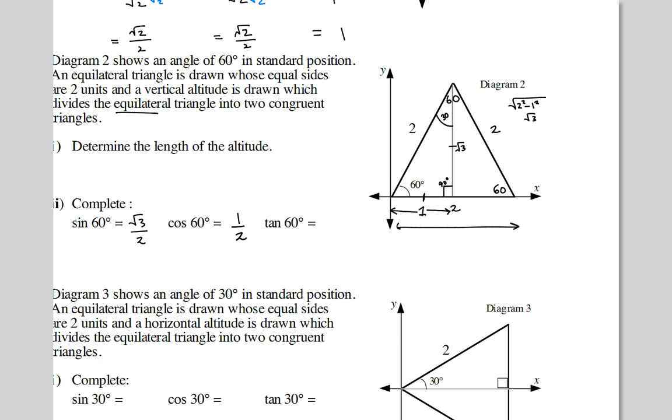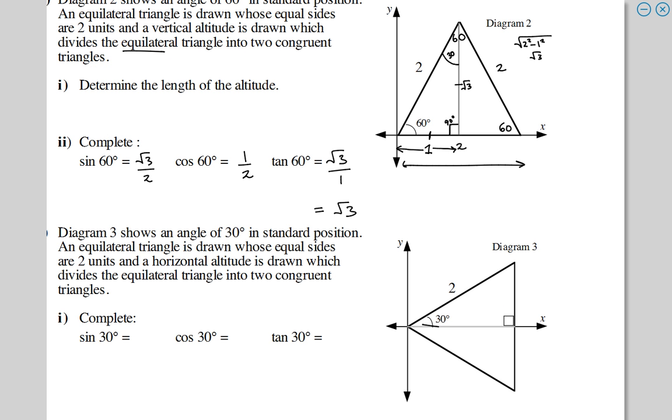And then tangent of 60 is the y over the x. So root 3 over 1. Okay, and root 3 over 1 is just going to be root 3. Those other ones are simplified completely. Notice the denominators are perfect. They're not radicals.